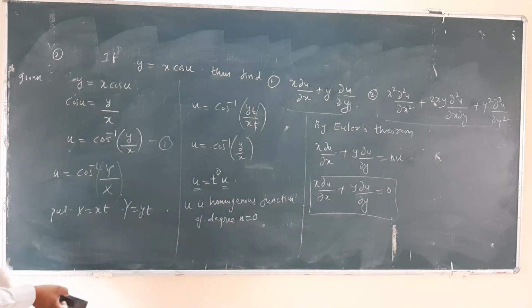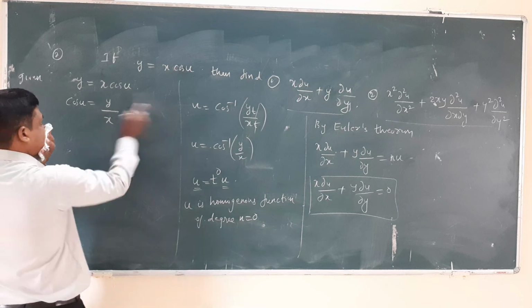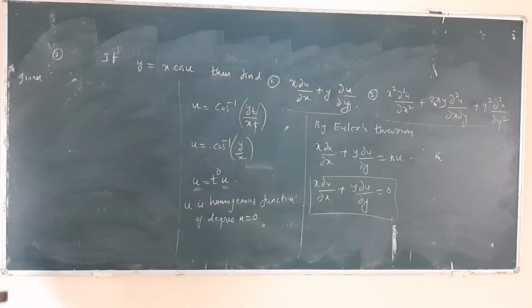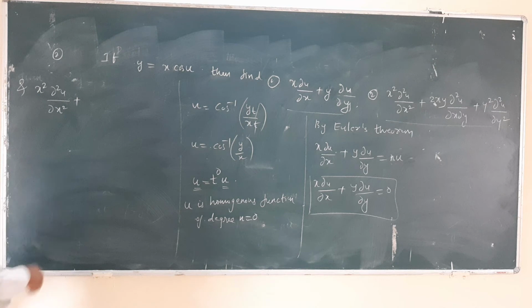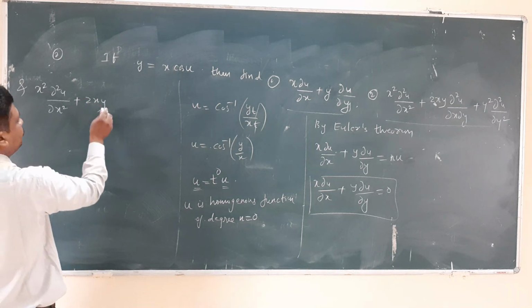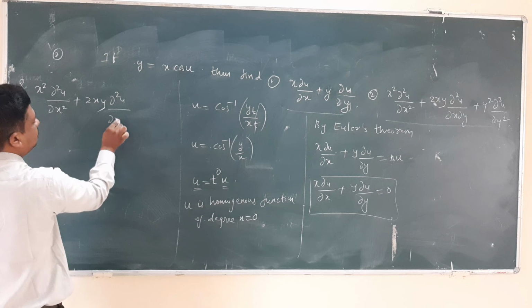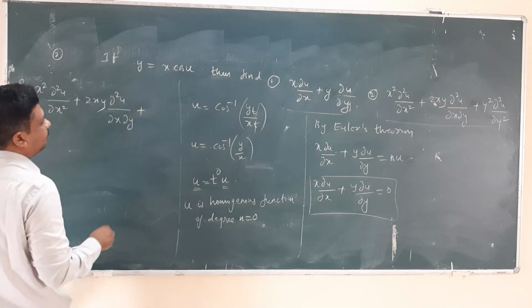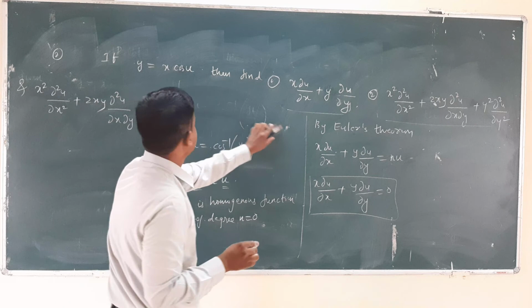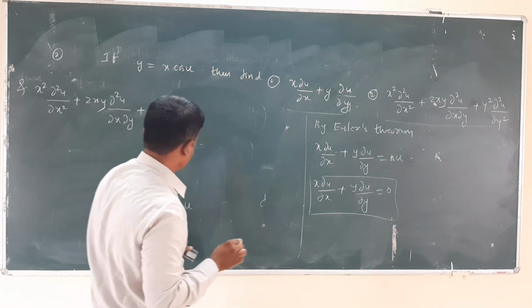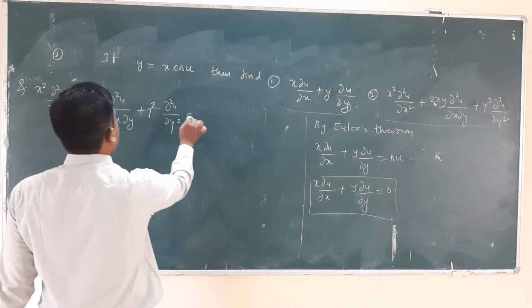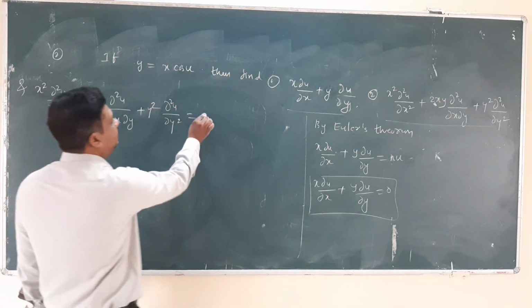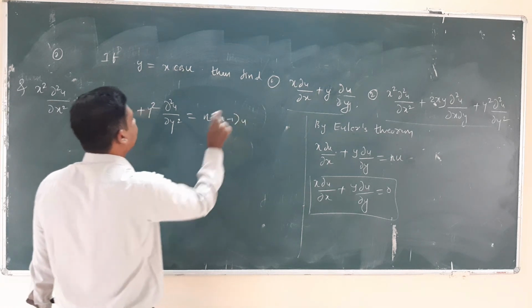Again I will find the second one. x square ∂²u/∂x² plus 2xy ∂²u/∂x∂y plus y square ∂²u/∂y² is equal to n into (n minus 1) into u.